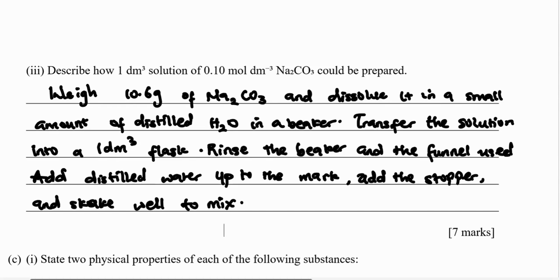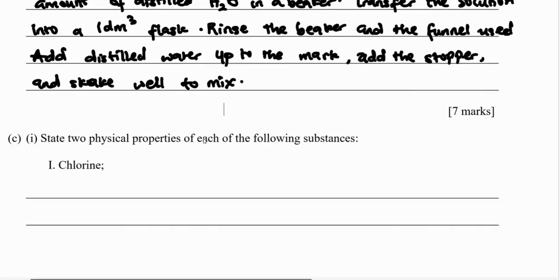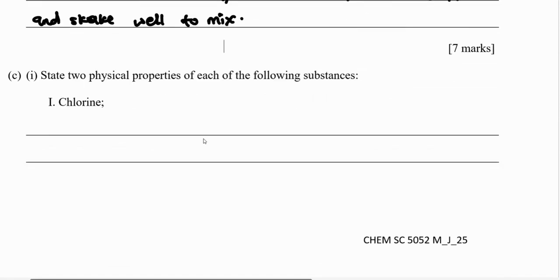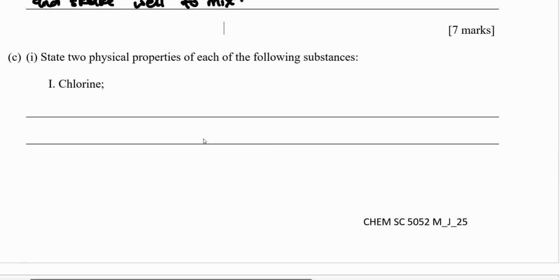Now the next question says, state two physical properties of each of the following substances. Physical properties. So now the first one is chlorine. One physical property entails the properties we can see. So we can talk about the smell, the color, those obvious properties.